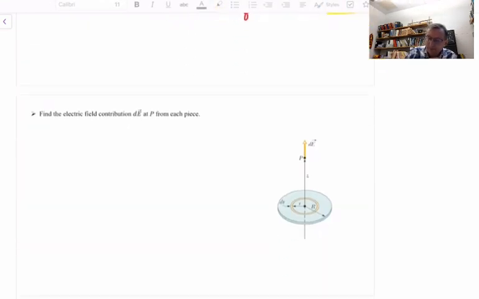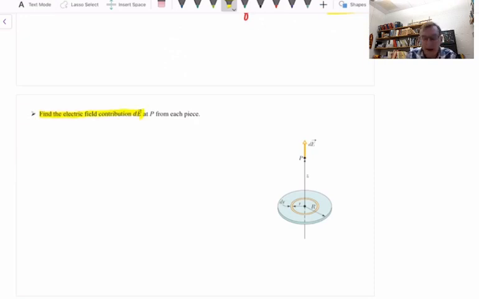All right, here we go. So, step 2, find the electric field, we'll call it dE arrow, at point P from each piece. Okay? All right. That's what this picture shows. It shows the disk. It shows the particular ring that we have selected of radius little r and thickness dr, that the point P is height z above the center, and we want to know the electric field at point P from that ring.